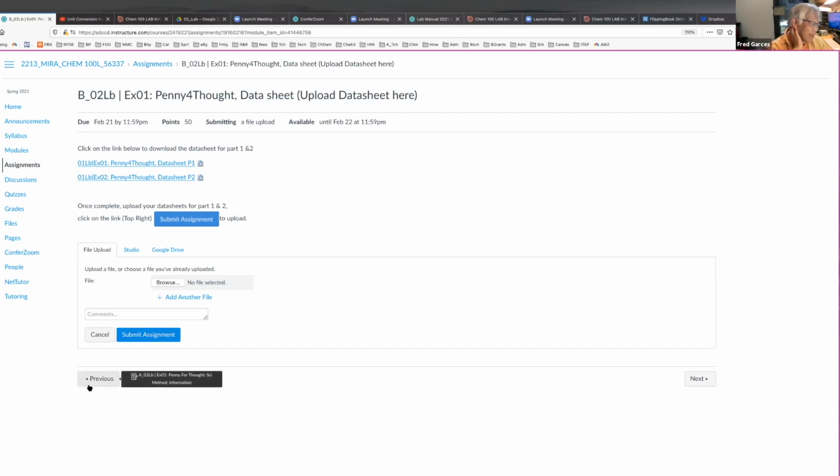I hope that's clear in terms of what you do for your first experiment. Do we write in pencil? In science, when you're doing an experiment, you really want to do it in pen, because it needs to be permanent. If you make a mistake, the way to correct it when you write in pen is to draw one line through your error and write the correction right below or next to it.